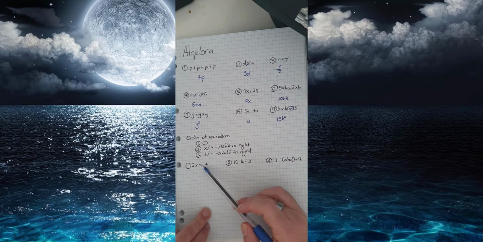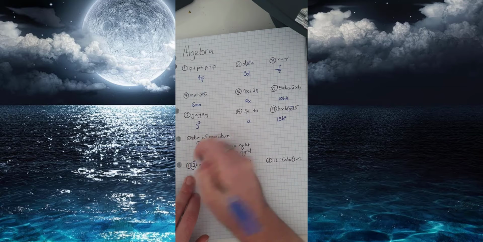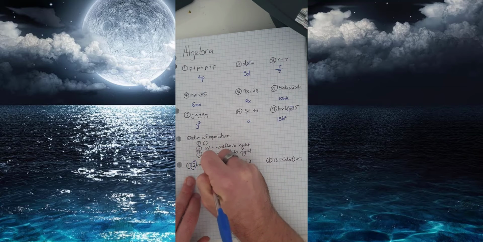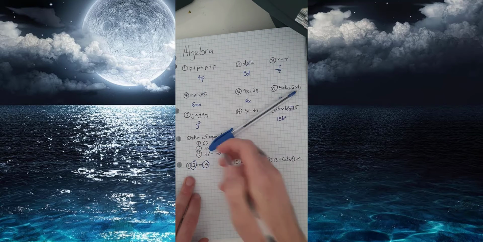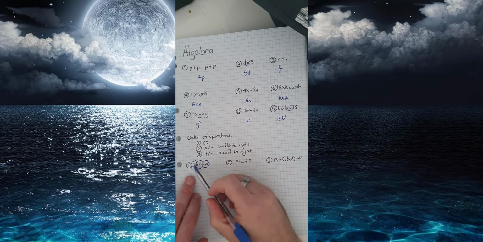We've got 2 times m minus 4. So we've got times and we've got a minus. Now times comes before the minus, so I'm going to circle my terms, like so. So what I'm going to do first is my times.